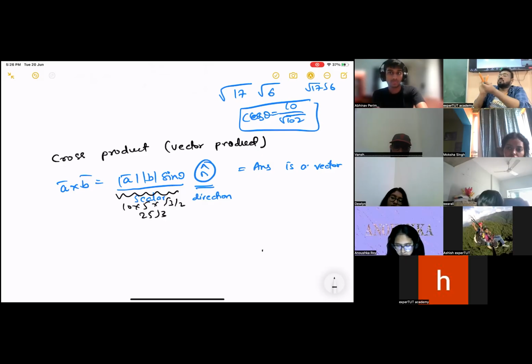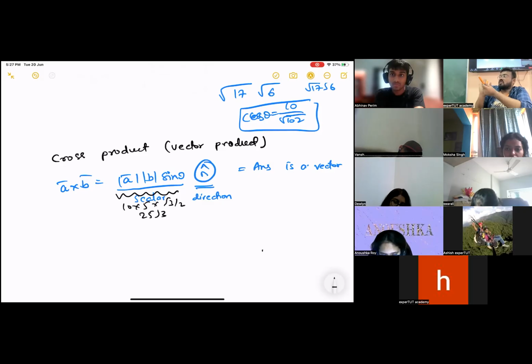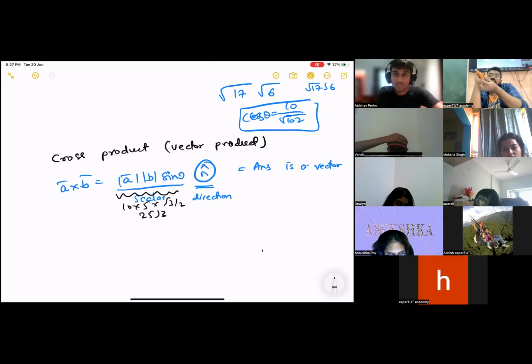For n cap, you curl your right hand. When you're doing A cross B, you have to start with A. The order matters.